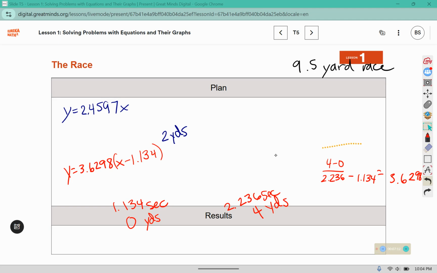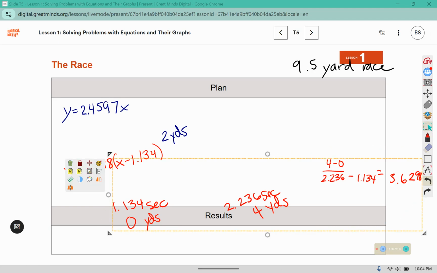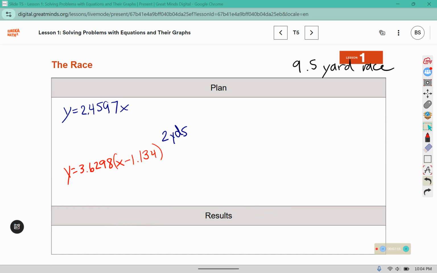So then if we wanted to solve it for when they both reached 9.5 yards, we would substitute this 9.5 into the Y position. X represents the seconds, but Y represents the distance. So we have 9.5 equals 2.4597x.